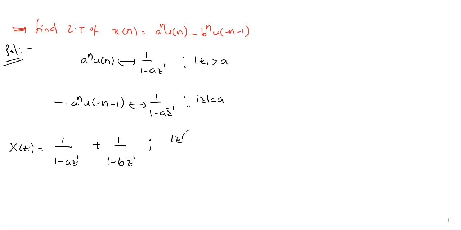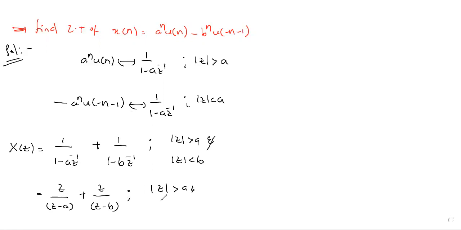But ROC also you have to mention, and mod z is less than b. So this we can write as z by z minus a plus z by z minus b. You can also simplify it if you want, taking LCM and writing all the terms together, right?